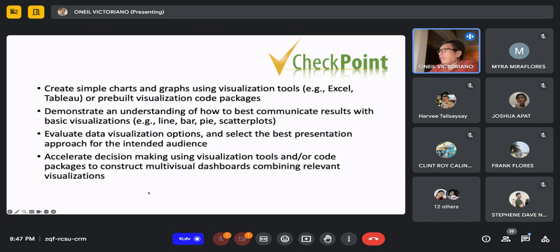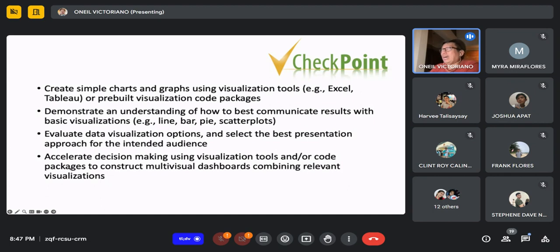And these are use cases for different audiences. How detailed or summarized the data is, for high level, managerial level, or down to operational manager level for detailed. And to accelerate decision making using visualization tools or code packages.